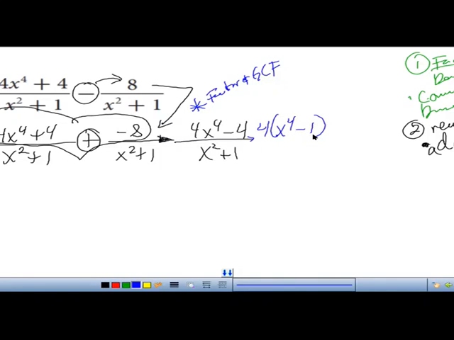Can we still factor that? Yes. Esmeralda, what did you get for the factored form? We still have 4. And what are my two factors? x squared plus 1 and x squared minus 1. Let's go. And that's going to be over this denominator, which is x squared plus 1.